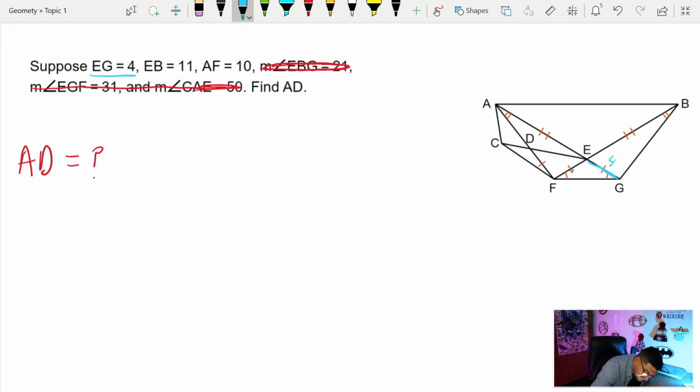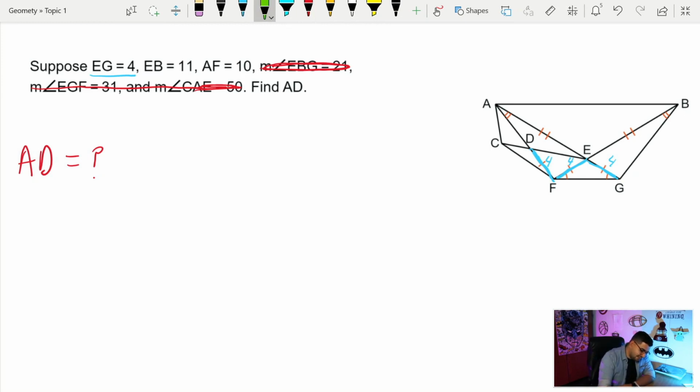So that would tell me EF also has the length of 4, and DF also has the length of 4. If all those lines have that one red tick mark going through them, then they all have the same length. So if EG is 4, the other two lines with those red tick marks are also going to be 4.